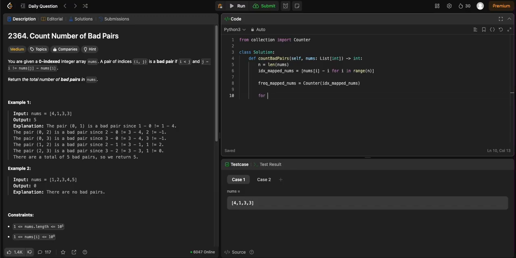We just want to know where it is equal, and we can find the good pairs here. So find all the good pairs, and actually before that, we want to find the total number of pairs. So total pairs. What would that be equal to?